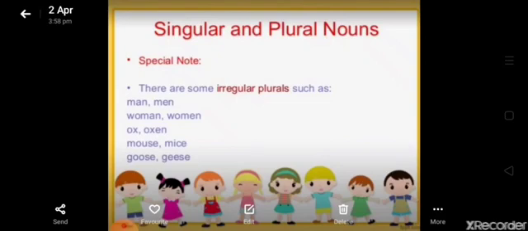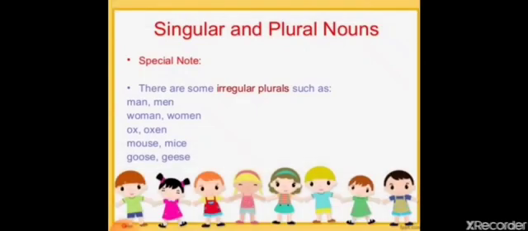We must never follow the rules of adding es or ies here. The spelling will always be changed. So these words we have to learn. Otherwise, in an exam or test or in our daily writing, we are going to write the wrong thing.